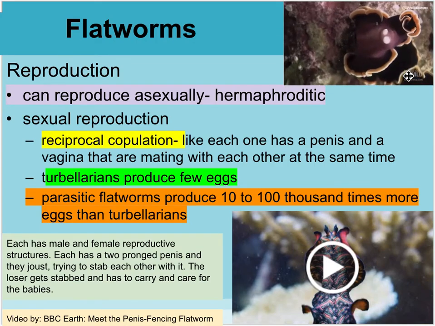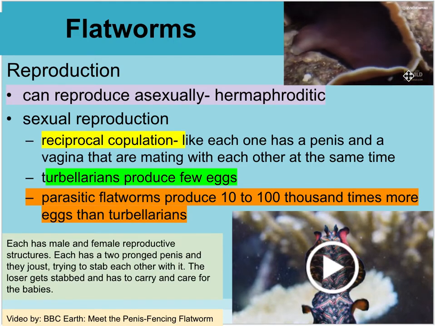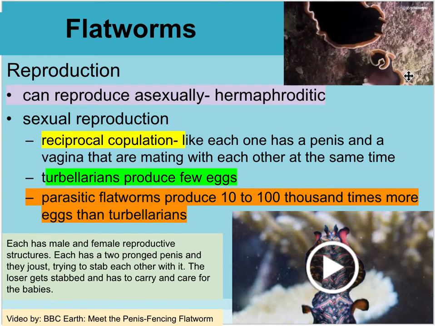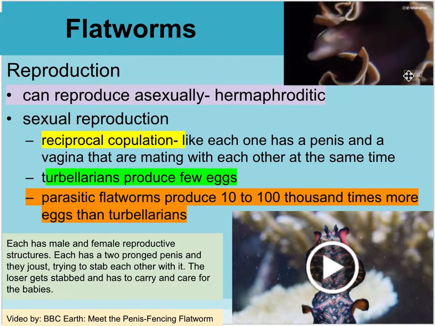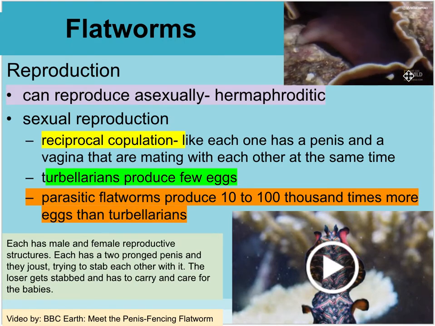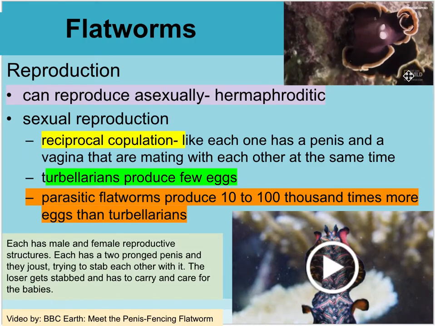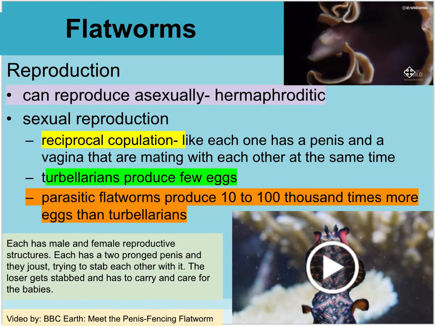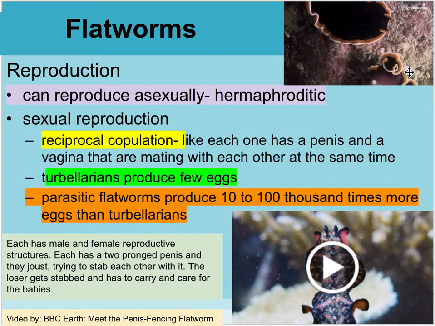The winner goes away. The loser now gets pregnant with all of the eggs and has to use their body strength and energy to go towards growing and caring for those eggs while it's in its body. So the organisms don't want to lose this battle. They don't want to be the one that got stabbed.